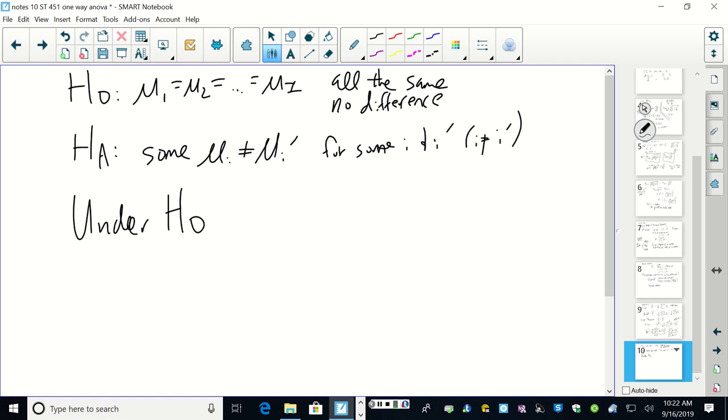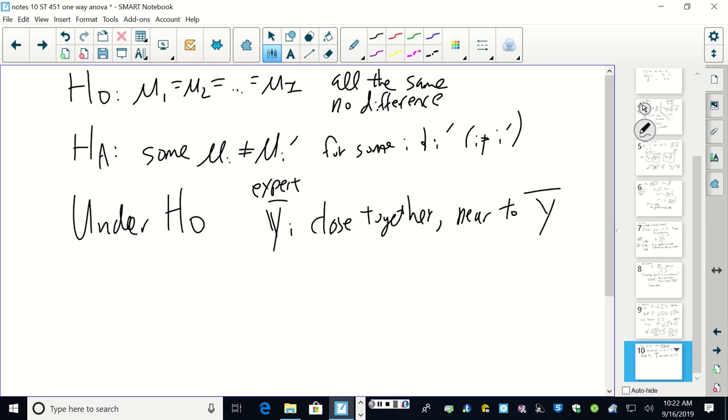The key statistics are these y bar i's. If the null hypothesis is true, we're going to expect them to be pretty close together. So we expect the y bar i close together, and we expect them to be near to the overall y bar.